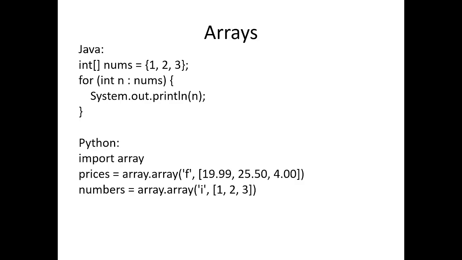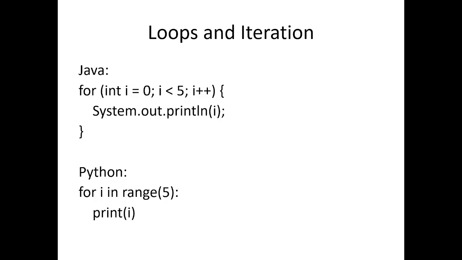So let's go to another topic: loops and iterations. How does Java iterate with a for loop? If you want to print the values up to 5, how can we do it? We first need to initialize the variable, an int variable. After initializing, we need to write the condition.